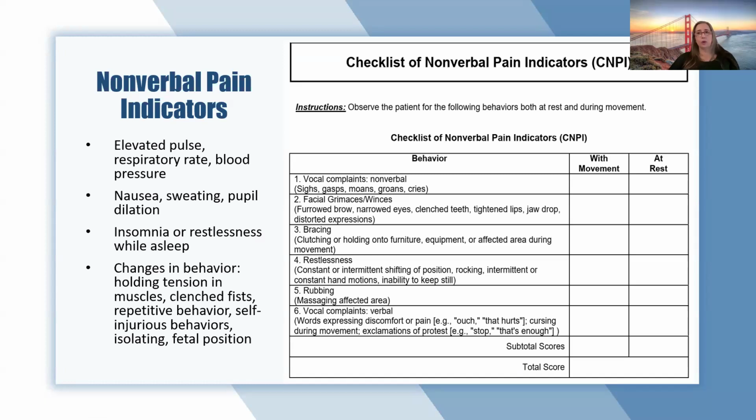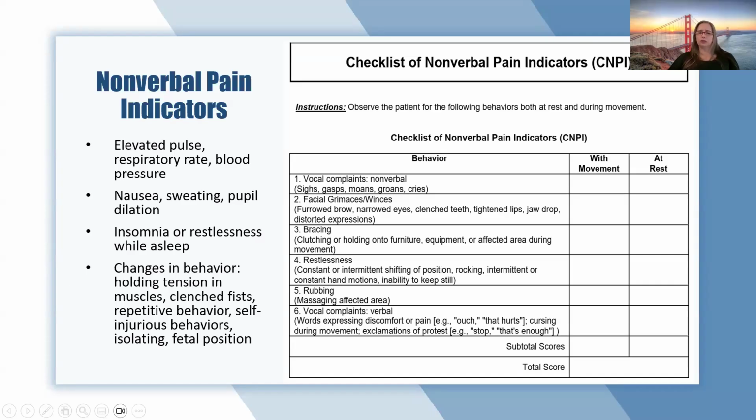They may start sweating. Pupils will dilate. If they're having pain at night, they may not be able to sleep. They might be restless while they're asleep. If they're tossing and turning and can't get comfortable even while they're out, that means they probably are in some sort of pain or discomfort.